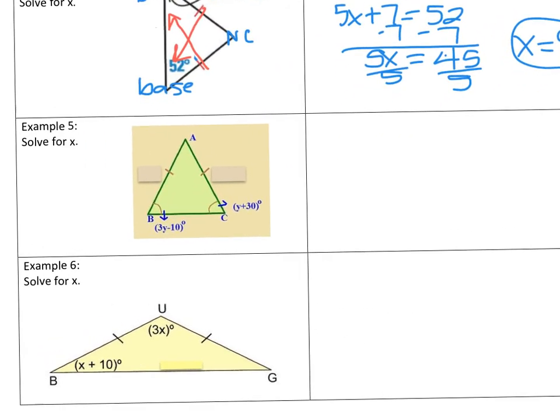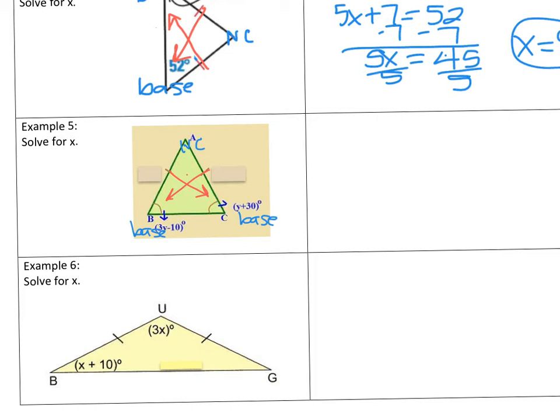Okay, have I labeled? So let's go ahead and extend our line so I know where everything is. The arrows tell me where my base angles are. So this is a base, and this is a base, and this is my non-congruent. All right, what am I looking for? I'm looking for angles, but this one does not help me because I don't have enough information about that.